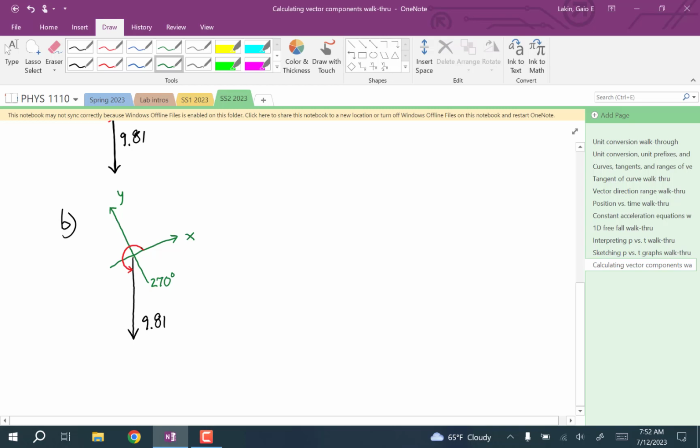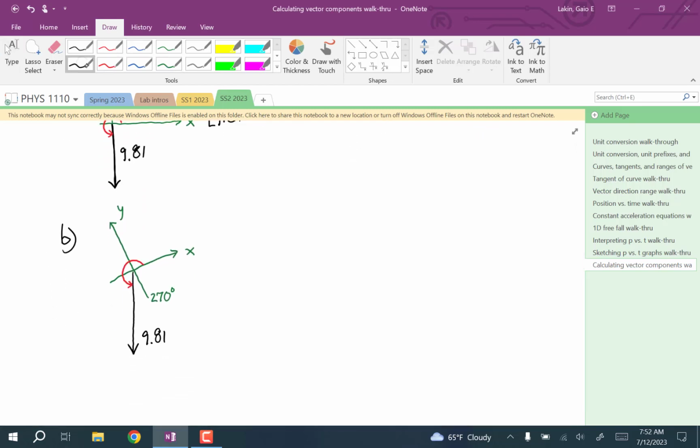So if we went all the way to the 270, it would be 270, but we're falling 20 degrees short of that. So the angle here is 250.